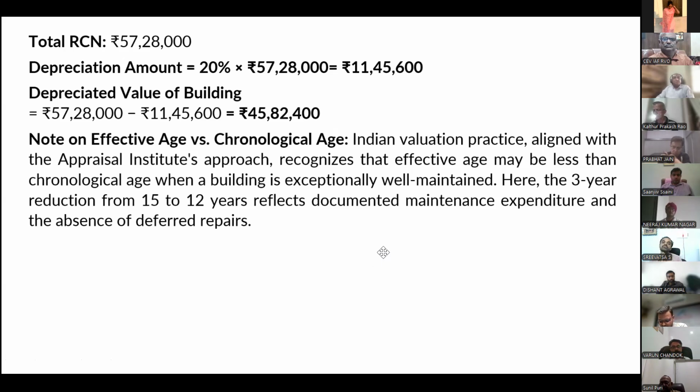So here the 3-year reduction from 15 to 12 years reflects documented maintenance expenditure and the absence of deferred repairs. So many times it may be higher than the chronological age. Here it is 15 years, we are taking it as 12 years. Maybe in certain cases chronological age is 15 years, you may have to take it 18 or 20 years or more than that also, if it is not well maintained.